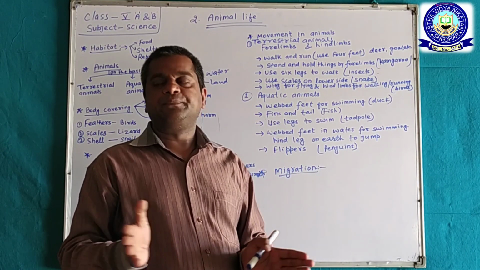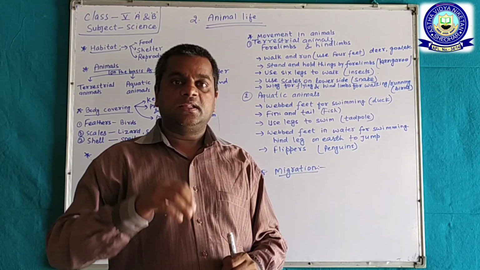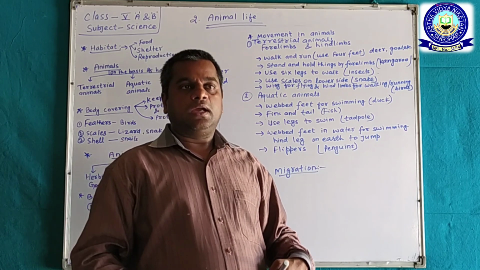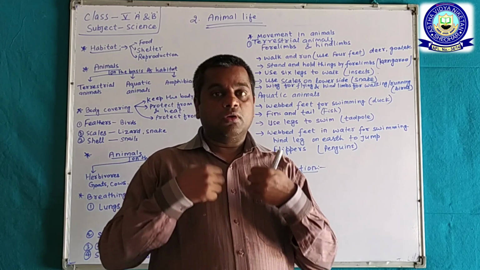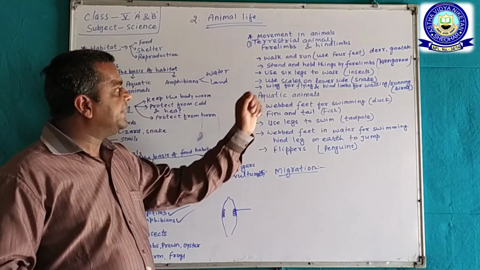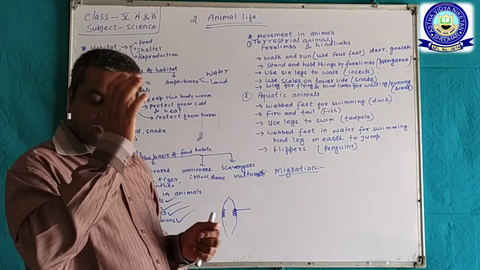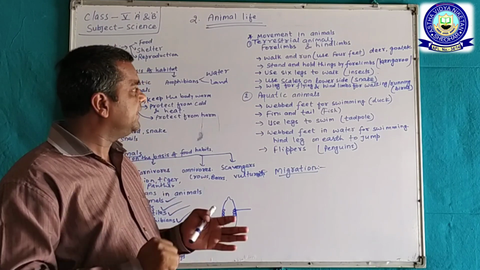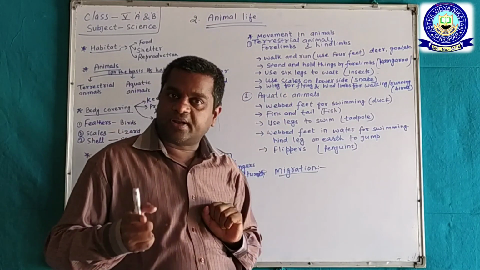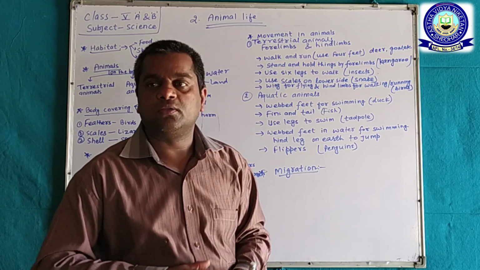Snakes have no limbs, that's why they possess scales on the lower side and use those scales to walk. Wing is a special feature of birds. They use their wings to fly in the air and hind limbs to run on the land.